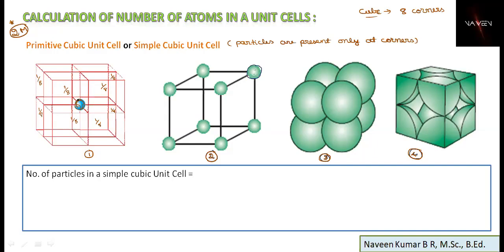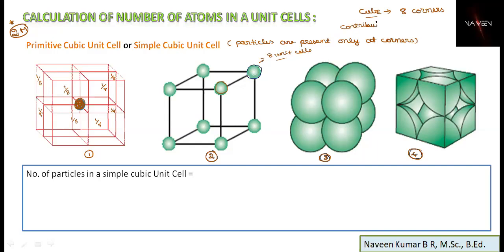Hence, any particle which is present at a corner is going to be shared by 8 unit cells, including this one. So there are 8 unit cells to which each particle contributes. Hence, the contribution of a corner particle will be 1 by 8.